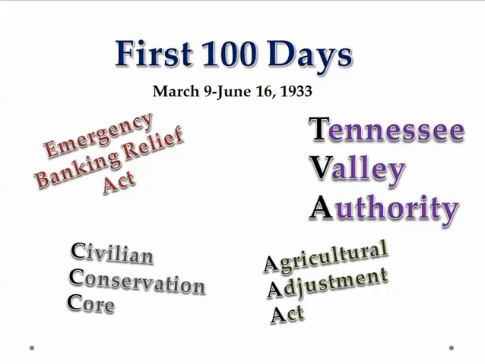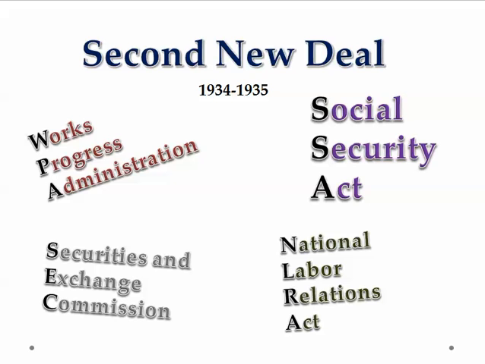And then he's going to have the second New Deal, and really important for us in our standards in the second New Deal is the Social Security Act. The Social Security Act and the National Labor Relations Act are both in our standards. Also the Works Progress Administration and the Securities and Exchange Commission, to try to regulate the stock market and make sure nobody's speculating, which is going to cause a stock market crash again.